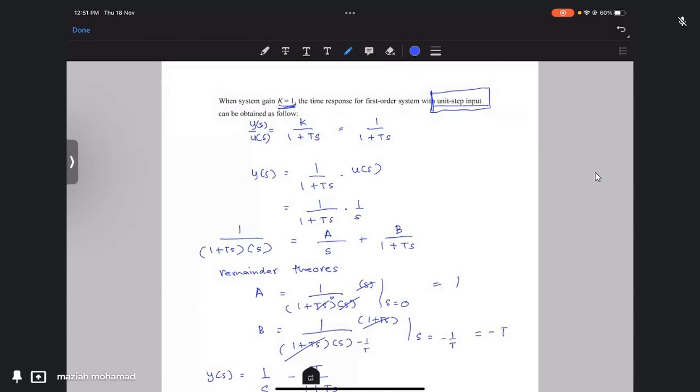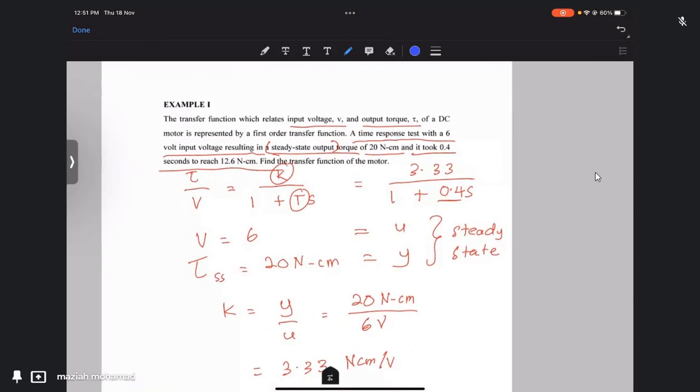But if it is mentioned that the step input equals 2, meaning the unit is 2, then in Laplace it is 2 over S. When you apply K multiplied with U, U is 2. Understand? All right, let's go to the last example.